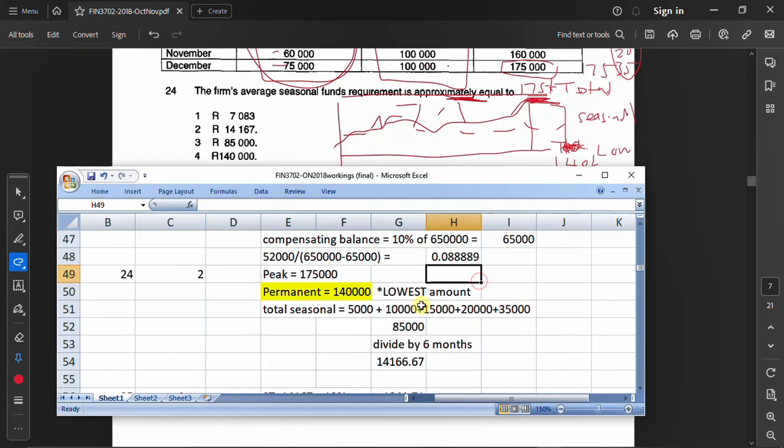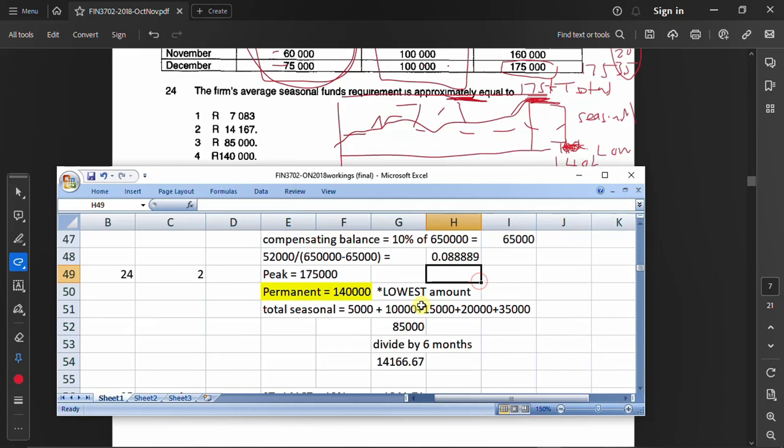Does that make sense? Those amounts, if I add those amounts up, so 1, 2, 3, 4, 5, gives me 85,000. I'm dividing by 6 because the 1 month was 0. July to December, that's 6 months. Gives you that figure. Option 2.